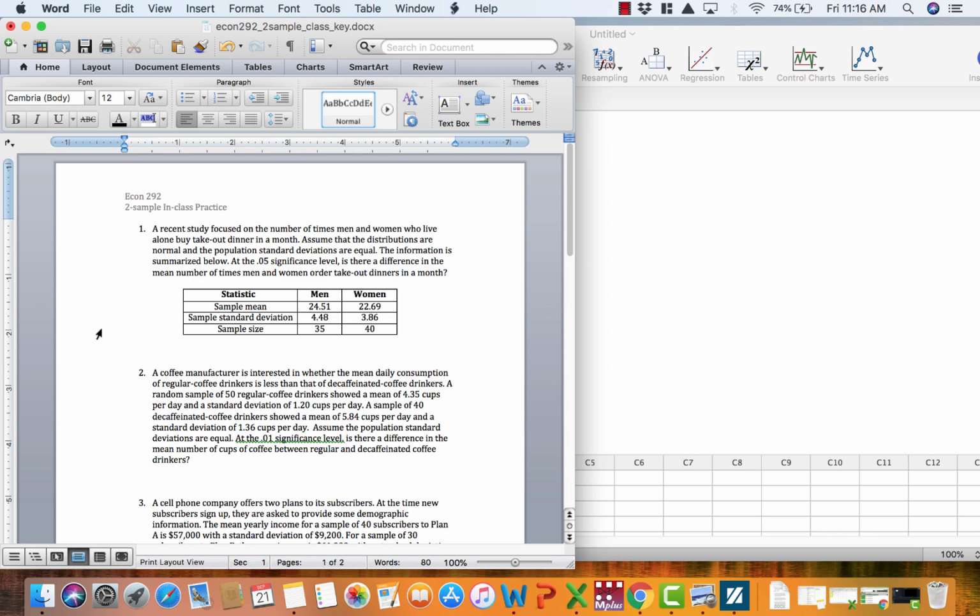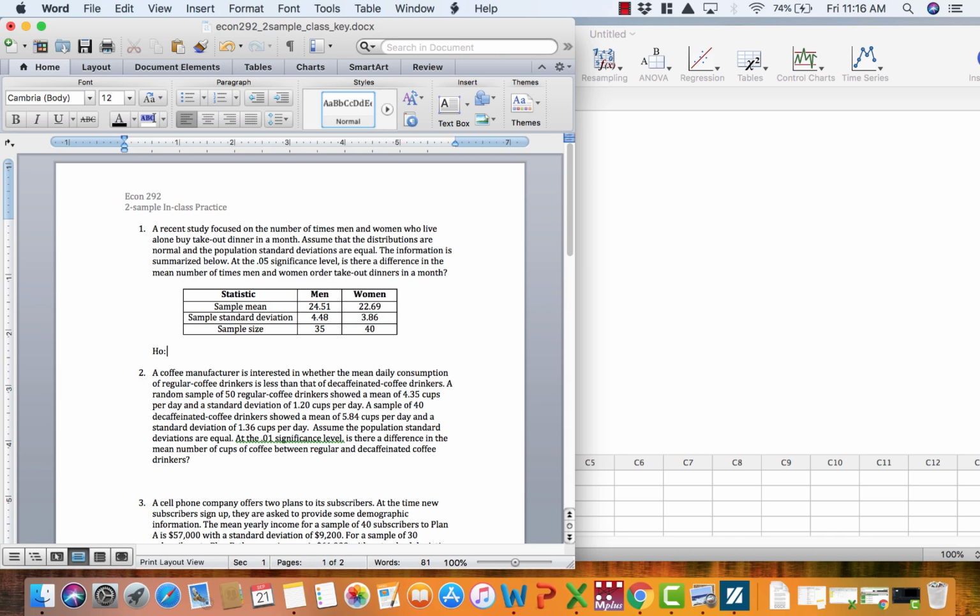All right, so on the quiz, it's going to be broken up in an ABCD format. And step one is always going to be write your hypotheses. So let's start by writing the null and alternative. We have the mean for men and the mean for women, and it simply asks us if there is a difference.